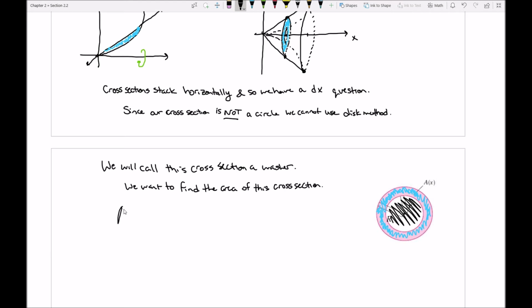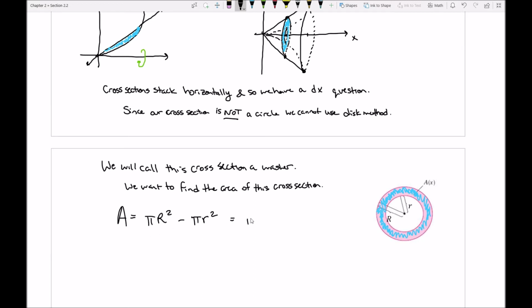The area that I want could be found by saying, how about I take the area of the entire big circle, so all of this, that's the blue and the black space included, and then if I could just erase out the area of that black space, I'd be golden. But the area of that black space is another area, but just of a smaller circle. So it would look something like this.